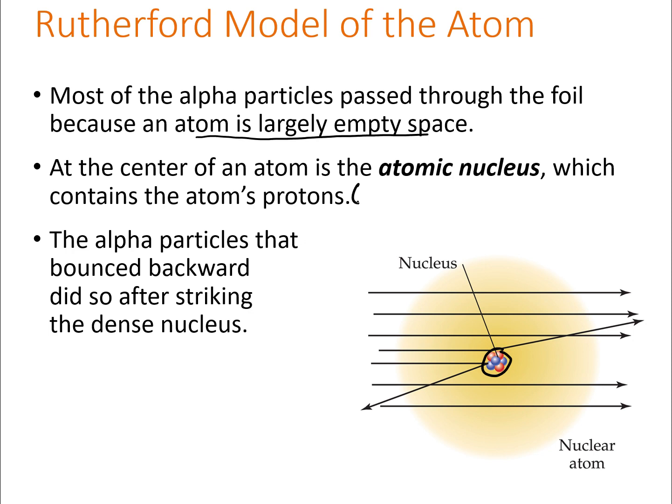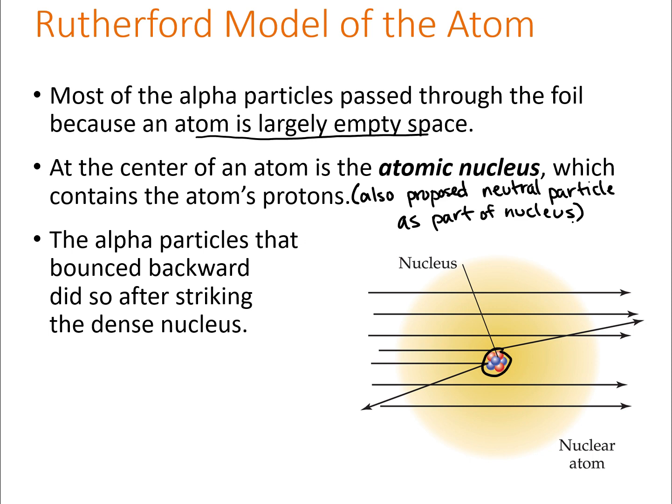Because of the massiveness of the nucleus, he also proposed some kind of neutral particle as part of the nucleus as well. When the alpha particles were deflected, they hit the nucleus. The majority of the mass of an atom is at that center, the protons and the neutrons.